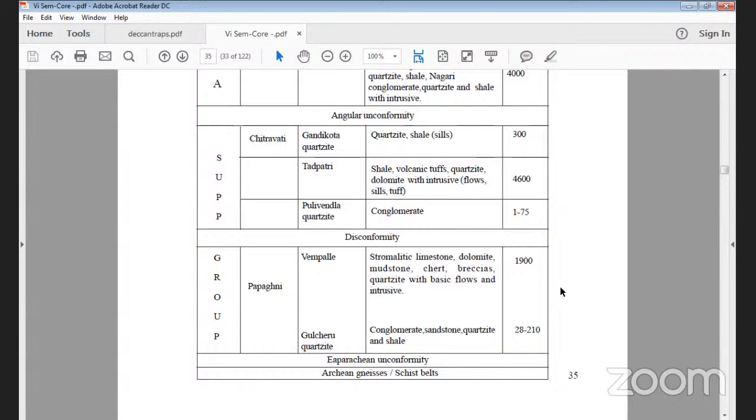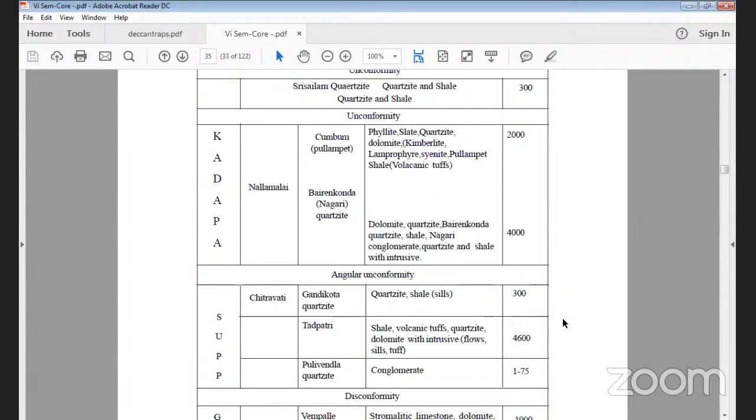The thickness is around 4,600 meters. Then the Gandikota quartzite, a new formation, has quartzite and shales, the shales seen here in the form of sills, with a thickness of about 300 meters.